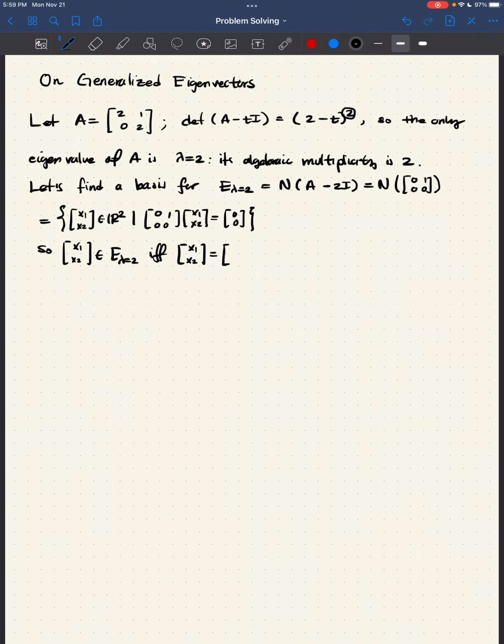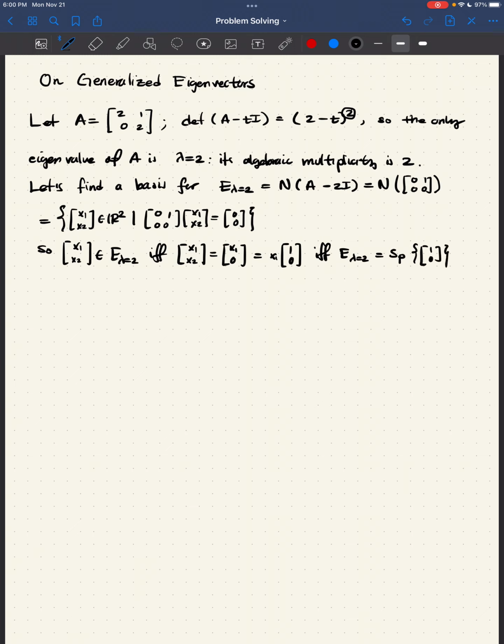well, look, this product imposes only one condition, that of x2 being 0, and that leaves x1 in whatever thing that we want. So we can expand this in this fashion, and that means that we can deduce that the eigenspace associated with 2 is nothing else but the span of the set containing the vector 1, 0.